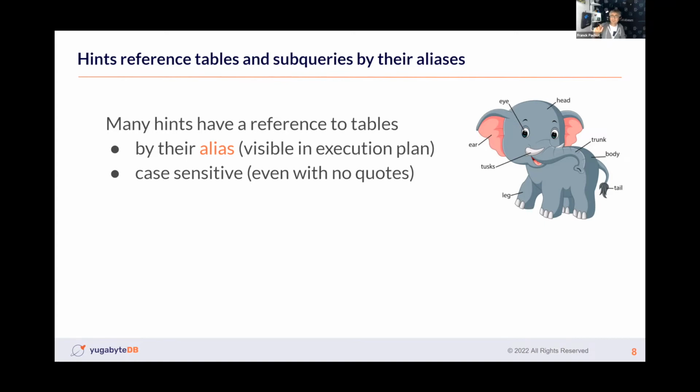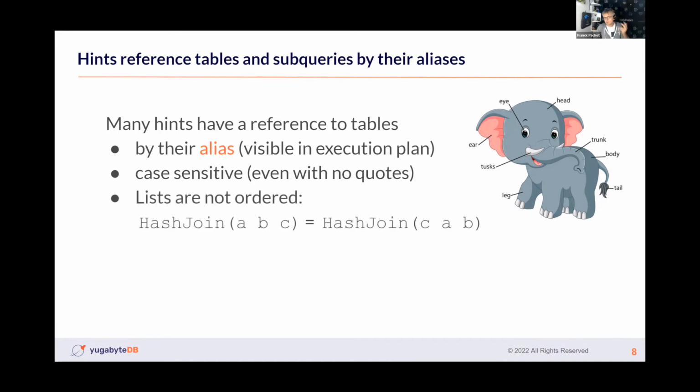Case sensitivity for hints is a bit different from SQL, because in the hints, the aliases are case sensitive, even if you don't put double quotes. But if you have special characters, you need those double quotes. So just take them from the explain and copy paste, and we will have the same.